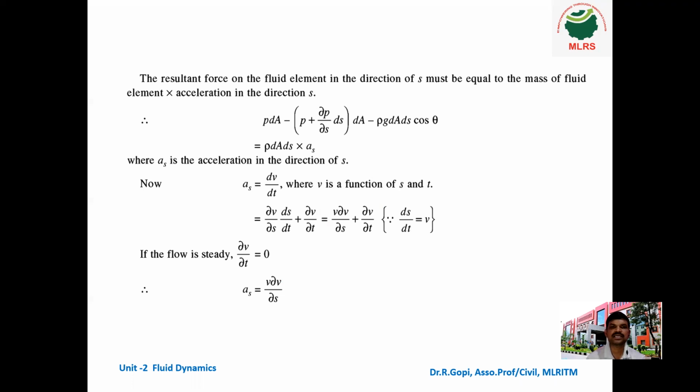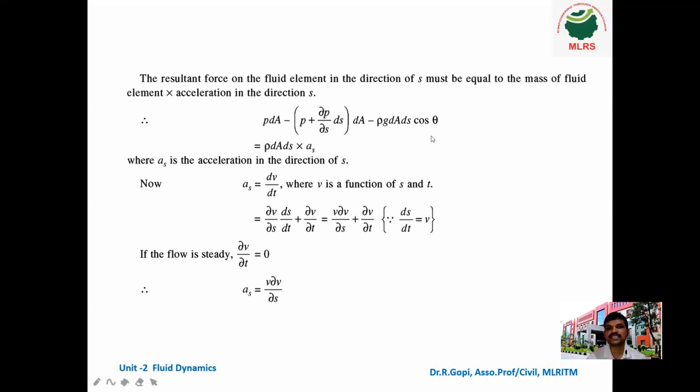So now I am writing the summation of all the forces. P into dA acts from downward to upward, minus P plus dou P divided by dou S into ds, into dA, which is the opposite force acting downward, minus rho G dA ds into cos theta.